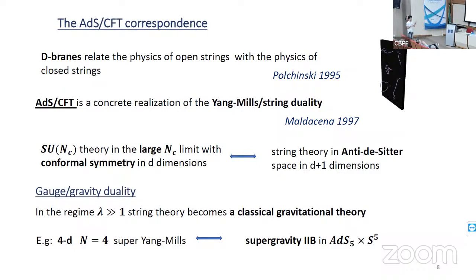So this suggests some duality between open strings and closed strings that ended up in the AdS/CFT correspondence, which is a duality between Yang-Mills theory, which is the theory that arises from open strings, and string theory associated with closed strings.